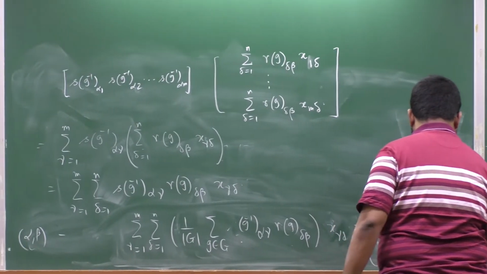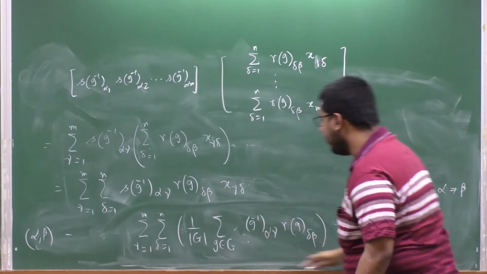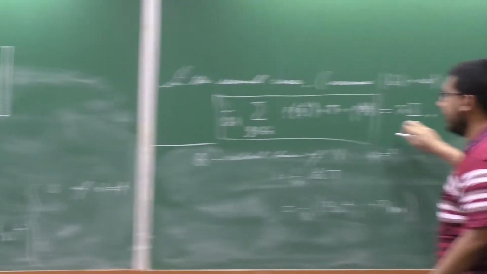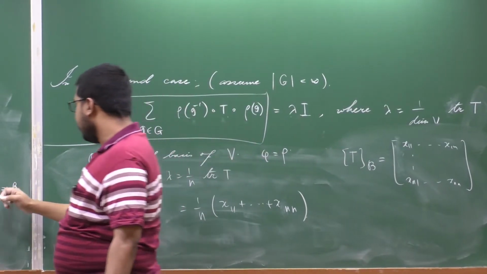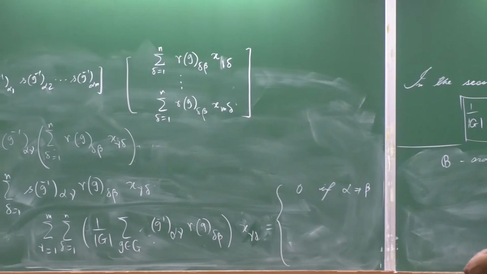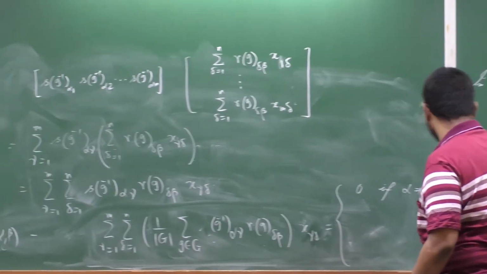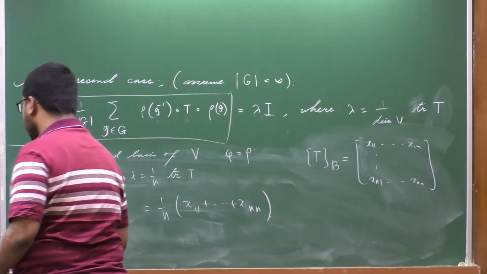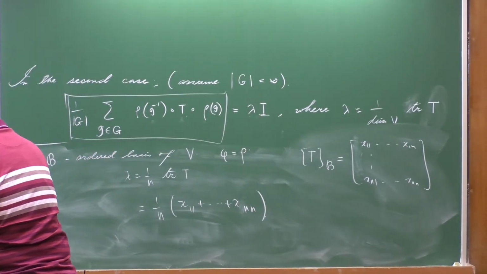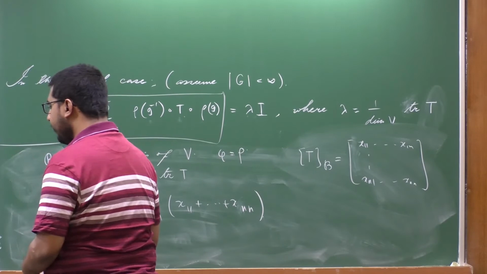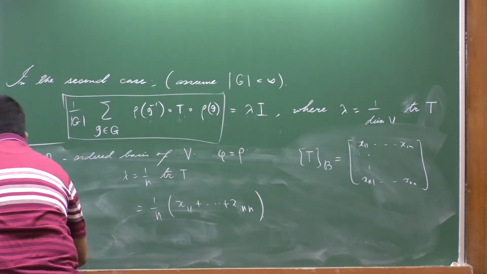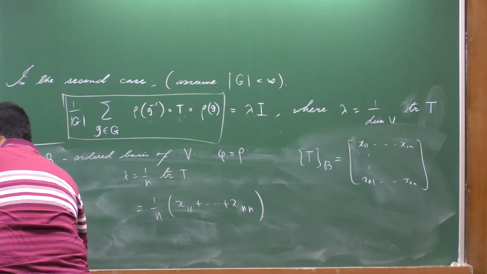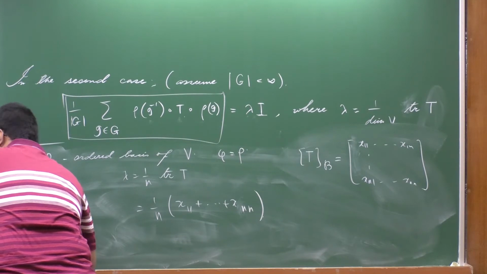Because this quantity is going to be a diagonal matrix. So if alpha not equal to beta, this is going to be 0. Now we consider the case when alpha equal to beta. In the scenario alpha equal to beta, the alpha beta coefficient will be simply, let me write it down here, that will be very concrete.